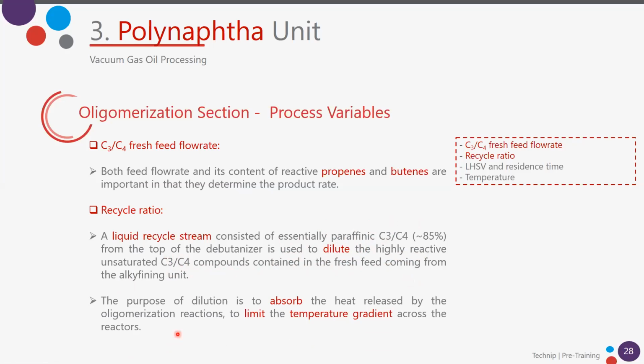The purpose of this dilution is to absorb the heat released by the oligomerization reactions and limit the temperature gradient across the reactors. So it is a question of limiting the temperature in the reactors, which is the reason why we use this recycled stream from the debutanizer.